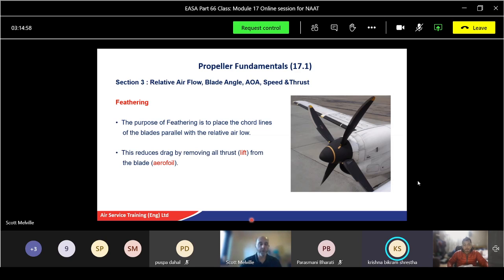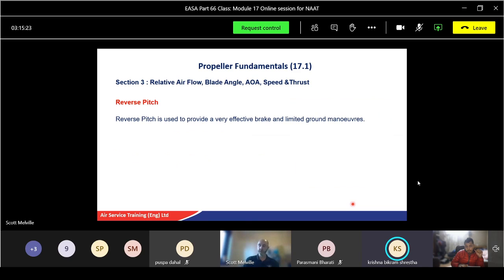As mentioned, it reduces drag and removes all thrust. So it can potentially move around, but not very fast. It will just slowly move. It will only move if you turn the aircraft, because you get side airflow. But generally, it'll pretty much stay there.